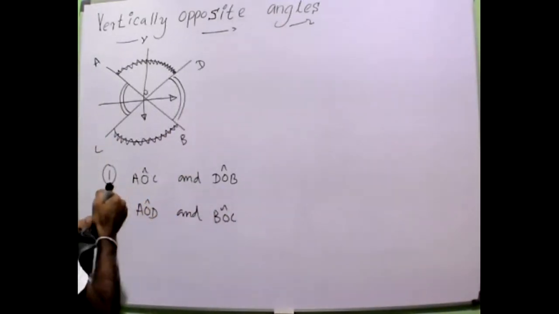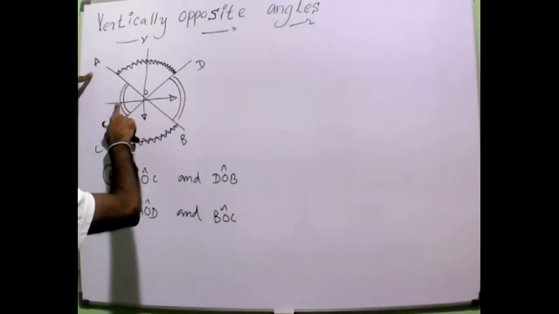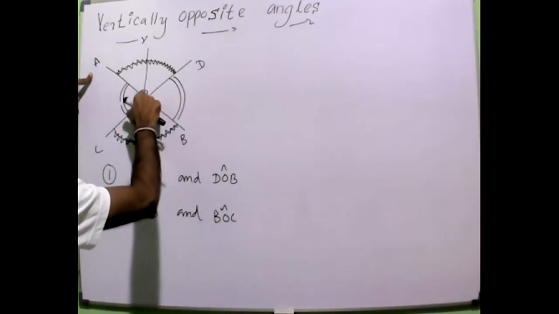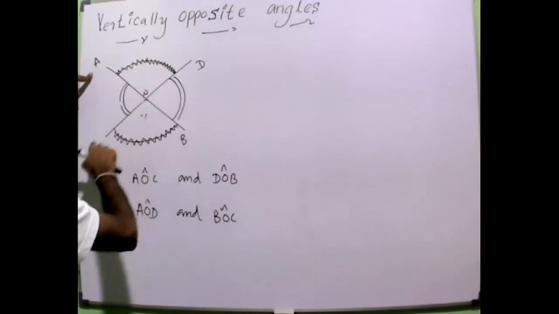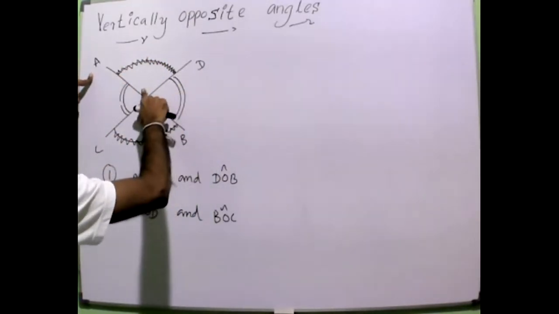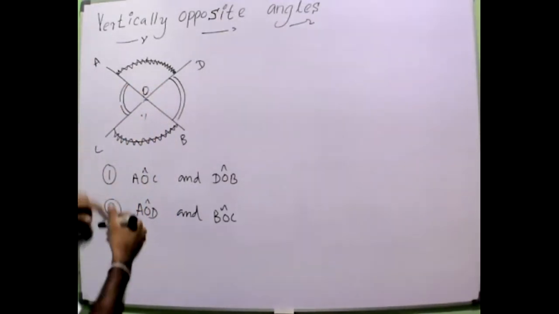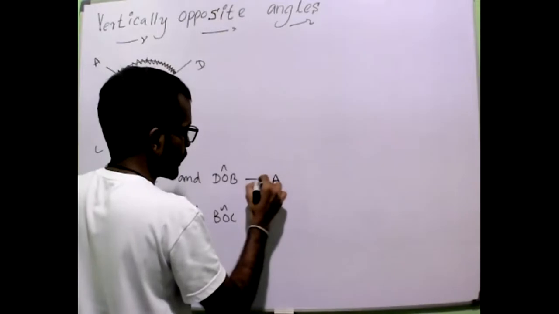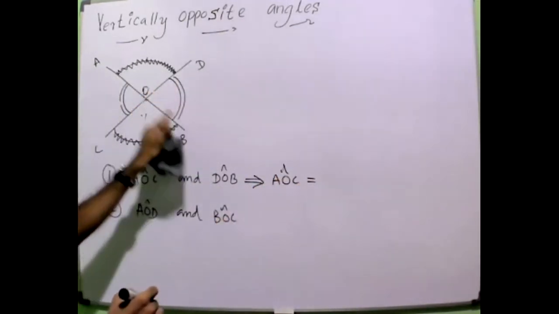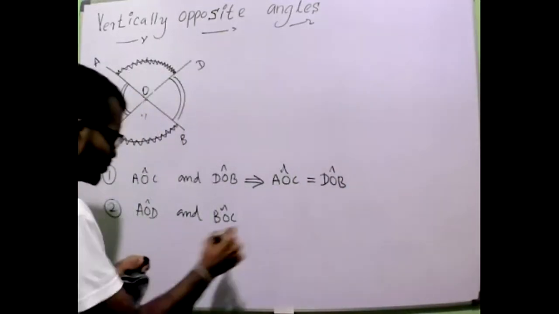That means the magnitude of AOC angle is equal to the magnitude of DOB angle. AOC angle equals DOB angle. That is the important thing in opposite angles.